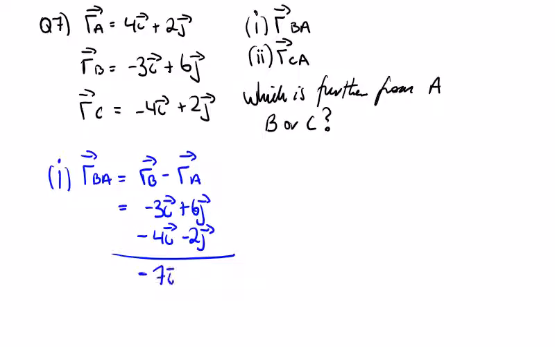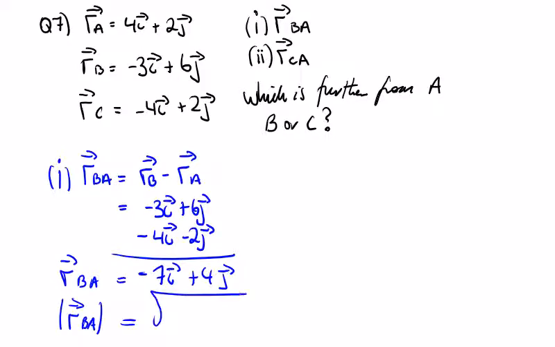That's going to give me minus 7i plus 4j, the relative position of B with respect to A. Now the magnitude of this is the square root of 7 squared plus 4 squared. 49 and 16 is root 65.